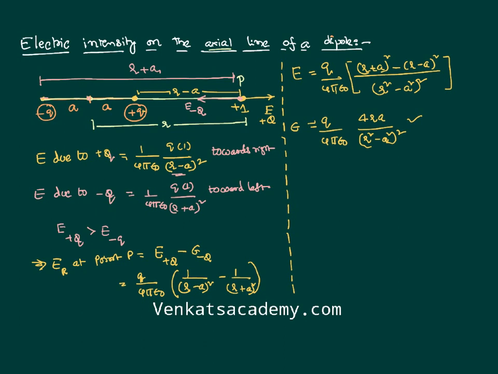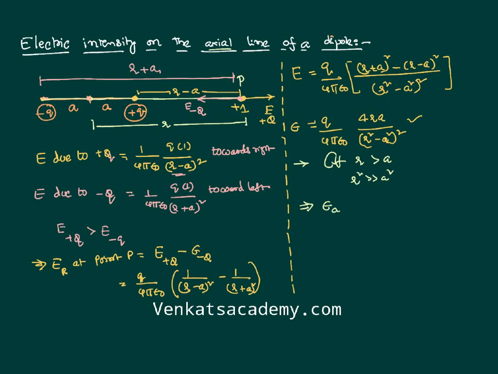But if you want to make a little approximation, a dipole is defined in such a way that the distance between the two charges is small. So the condition I am taking is that the point P on the axial line is much farther than A. Then R square is much bigger than A square, and the A square in the denominator can be ignored.